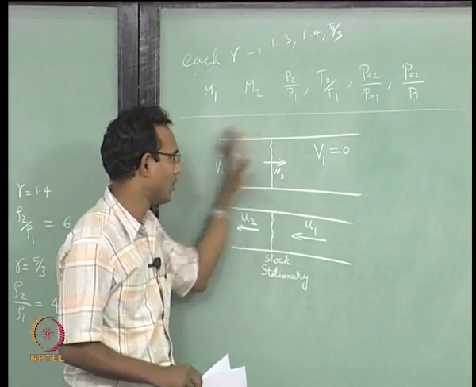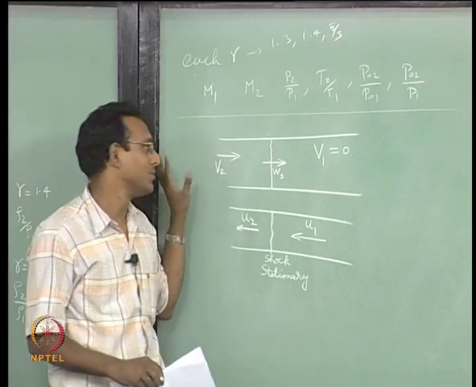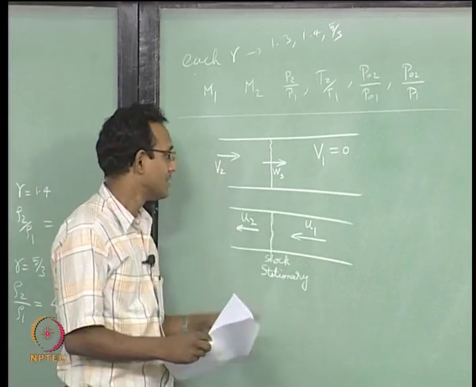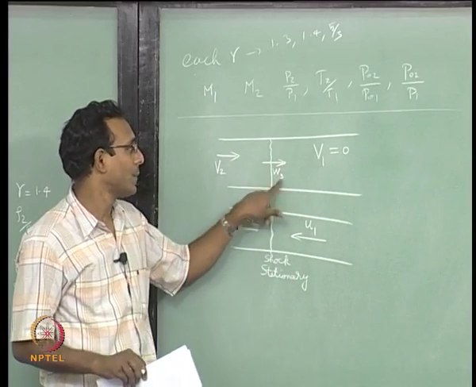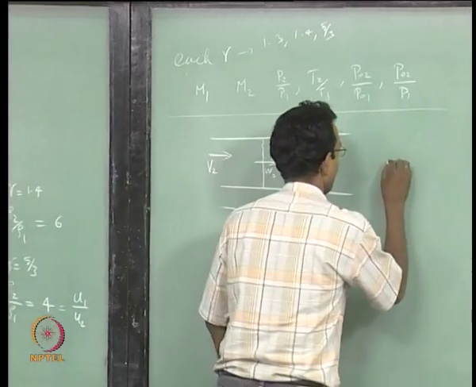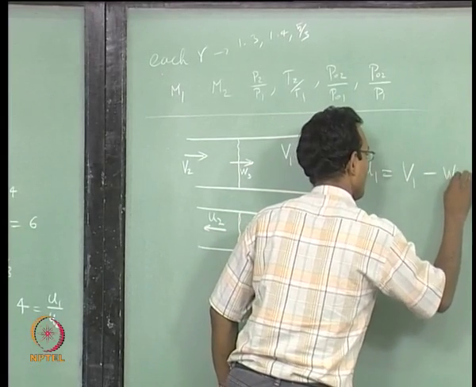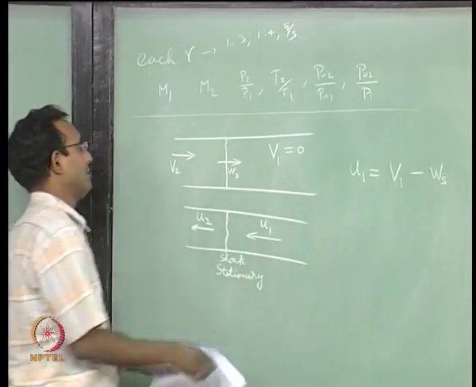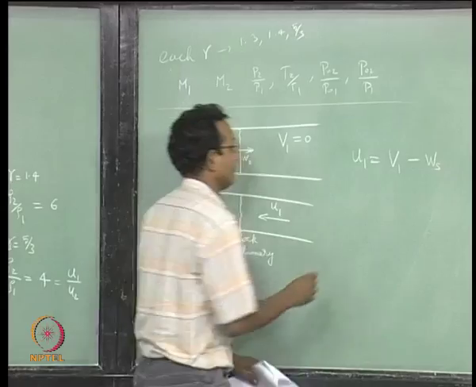So, I will add that to all the velocities in this whole frame, in any analysis I do. So, u1 here is equivalent to v1 minus Ws, and similarly u2 is equal to v2 minus Ws.